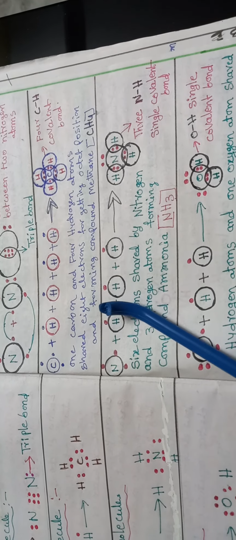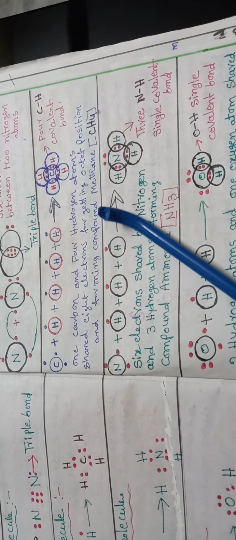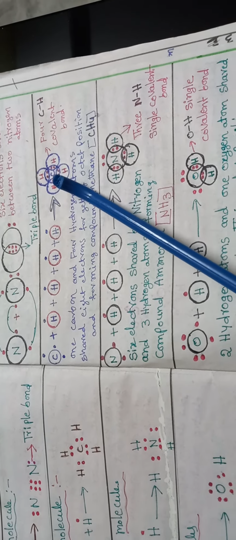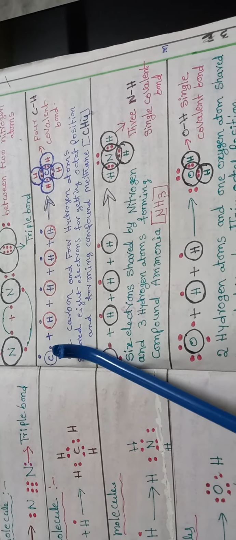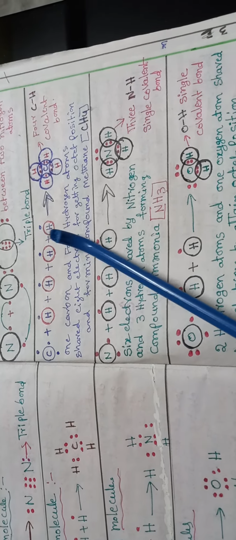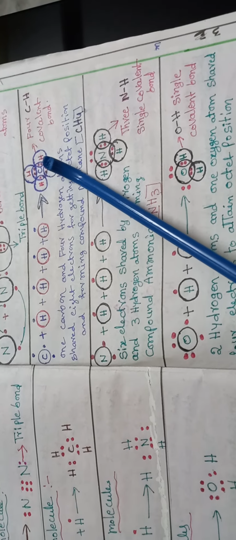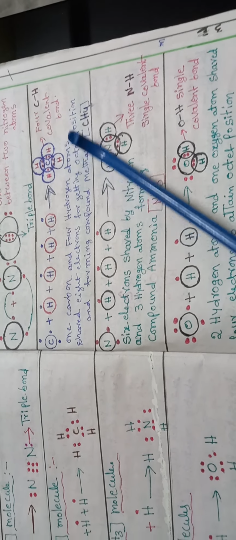So 1 carbon and 4 hydrogen atoms share 8 electrons for getting octet position and forming compound methane. Around carbon, the 4 hydrogens are there. Carbon has 4 valence electrons and 4 hydrogen atoms have 4 valence electrons. So these 8 electrons are shared by carbon and hydrogens for getting octet positions.